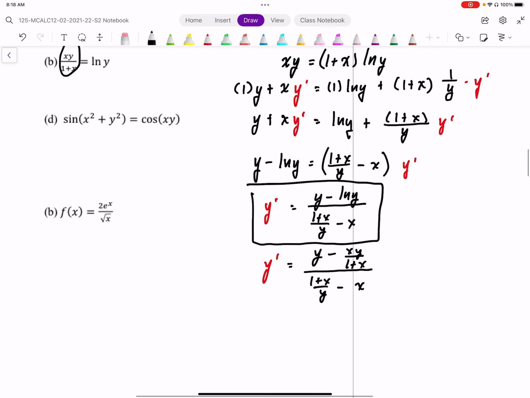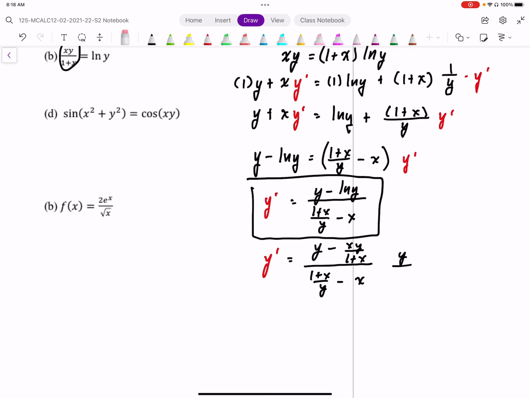Now probably want to get rid of that divide by y in the denominator. So what we can do is we can times by y on top and bottom. Maybe I'll just show that in a different color here so that we know that's just added in. So times y.